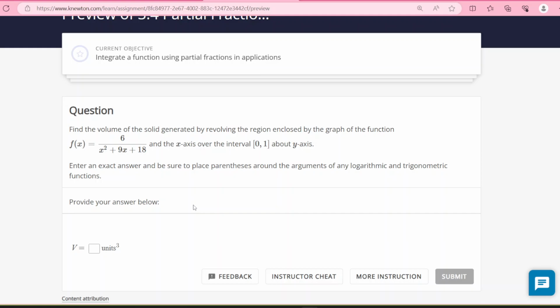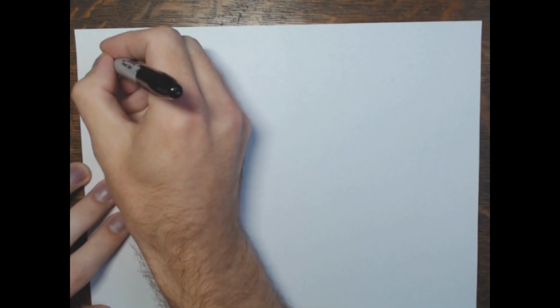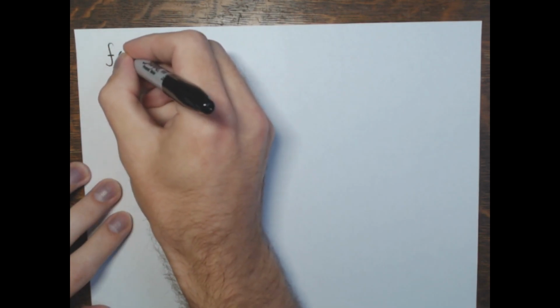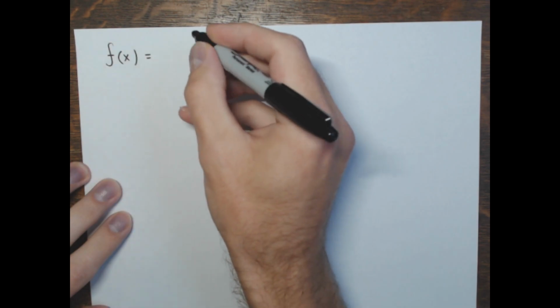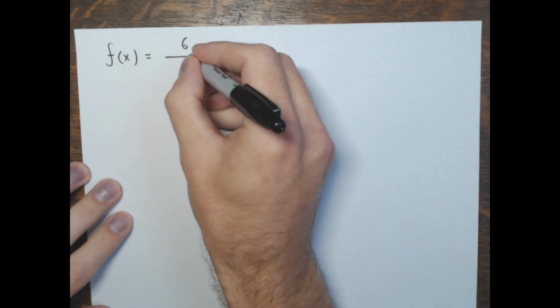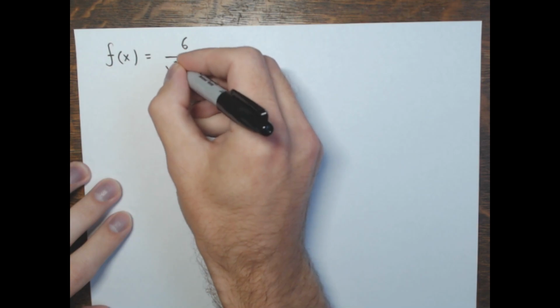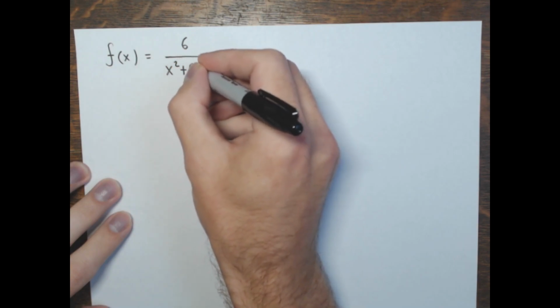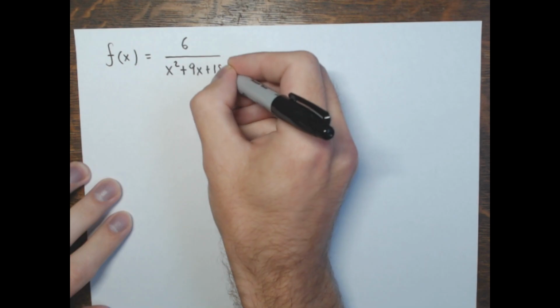Now, if they ask you to round an answer to so many decimal places, then you could enter your definite integral into a calculator and just get the approximation that way. All right, so I'll draw this region. They're giving us this function f of x equals 6 divided by x squared plus 9x plus 18.